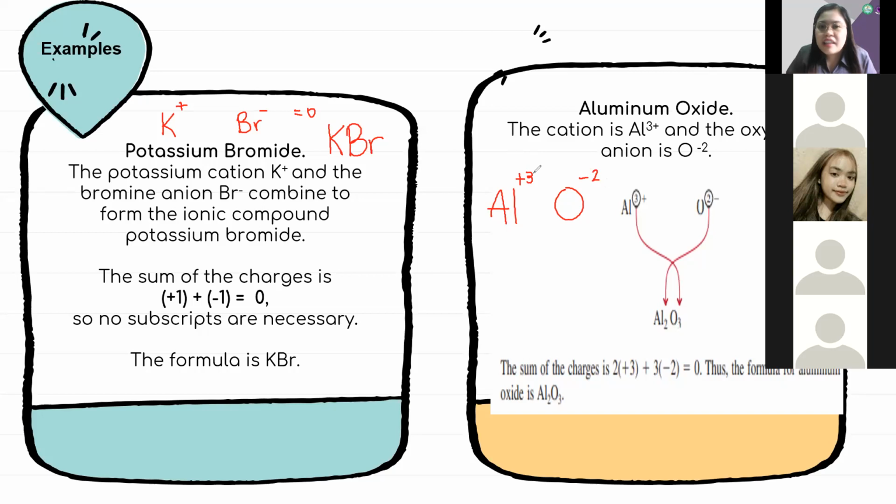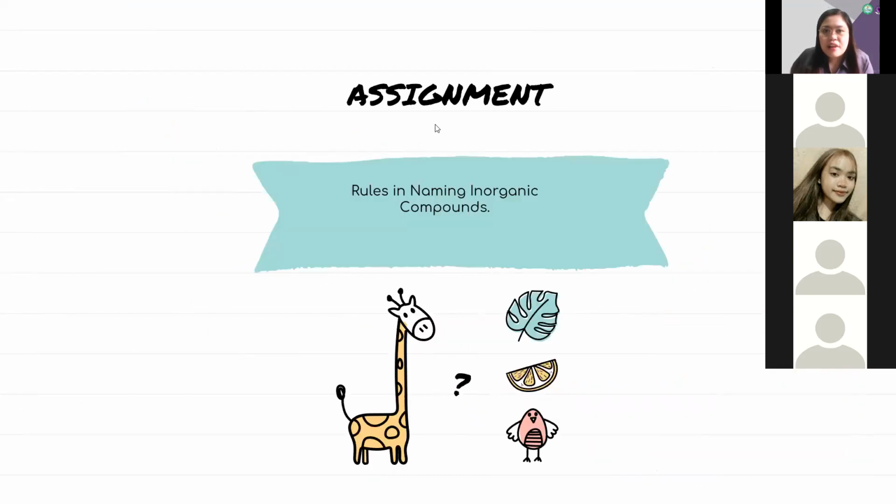So pag i-add natin, positive 3 plus negative 2, this is equal to positive 1. So hindi siya 0. That's the time we have to do the criss-cross. So aluminum will take the 2 here, gagawin siyang subscript, and oxygen will take the 3. Again, gagawin pa rin siyang subscript. That's how we make the chemical formula.